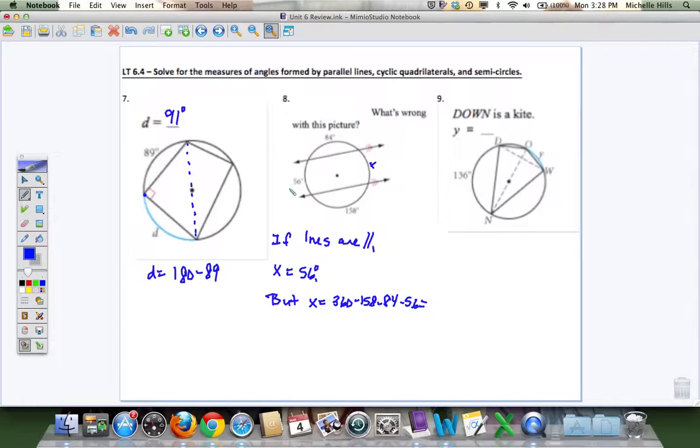I'm actually going to have to punch this in a calculator. So 360 minus 158 minus the 84 minus the 56, that would make it a 62-degree angle. So the lines cannot be parallel.